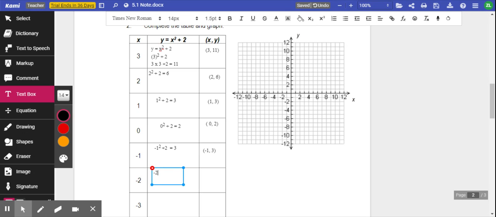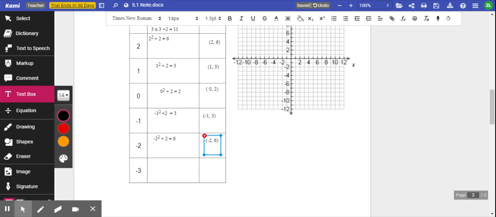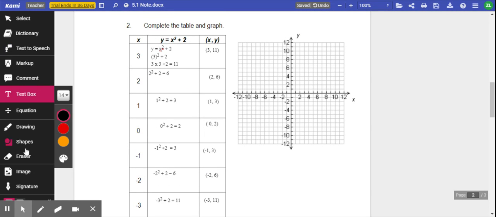Over here, if we did -2 squared plus 2, -2 times -2 being 4, plus 2 being 6, coordinates being -2 from our x, 6 from our y, and finally the last one here, -3 squared, -3 times -3 being 9, plus 2 giving us 11. And finally, -3 and 11.